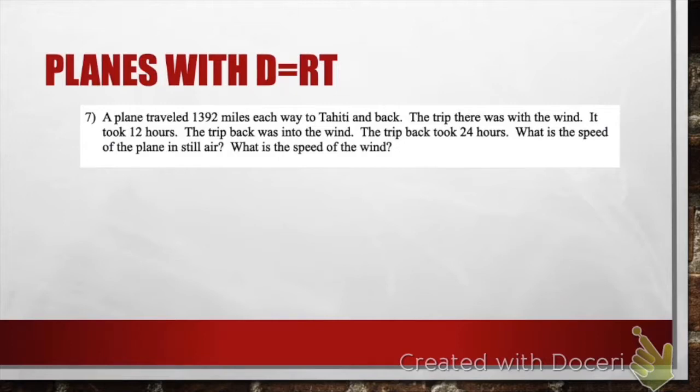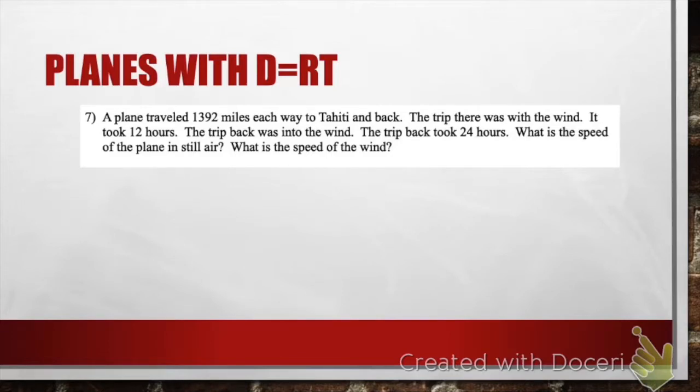This next one is going to be dealing with planes instead of boats. It's a very similar feel to it, but you're going to have to pay attention to which direction they're going is with the wind this time. So a plane traveled 1,392 miles each way to Tahiti and back.